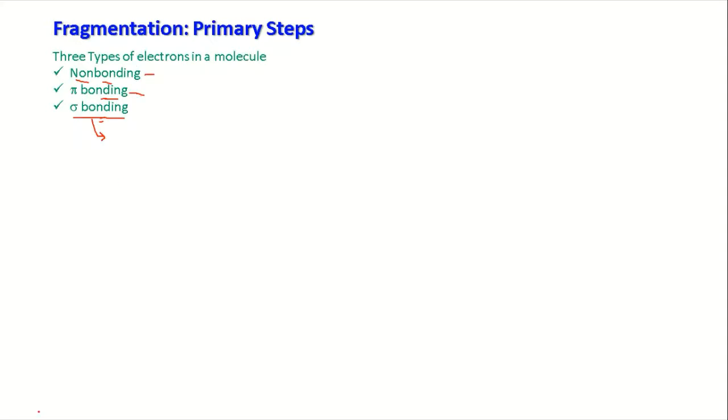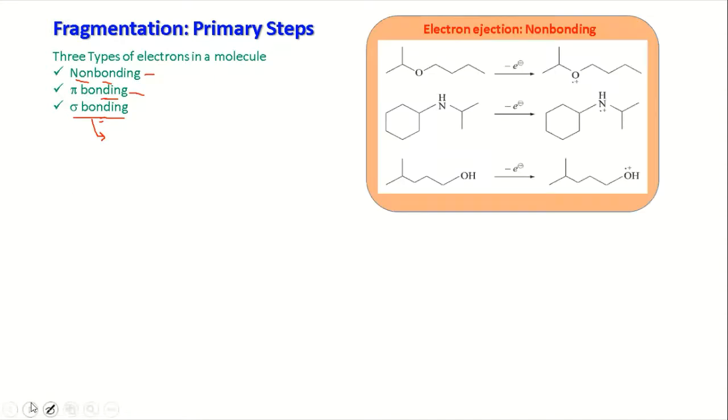Now let us look at what will happen if the electron is ejected from non-bonding orbitals. You have this molecule, an ether, and you are bombarding it with electrons. The molecule will prefer to eject an electron from the non-bonding orbital, rather than the sigma bonding. That is the major route.